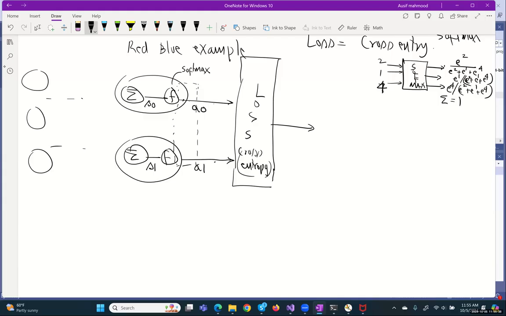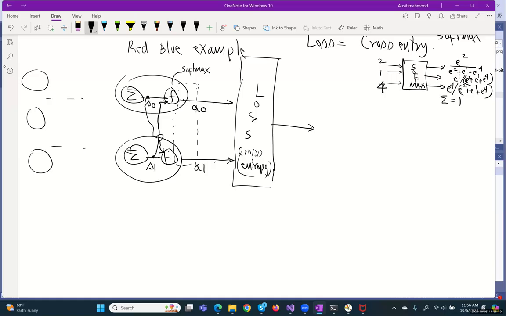So the first output coming out of the softmax function also needs this S1 over here. Similarly, this S0 will also need to go into the input of this.